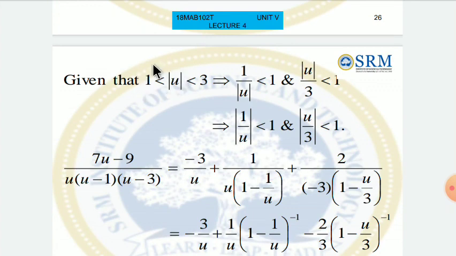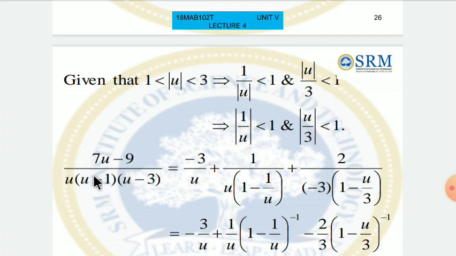We divide this into two parts. 1 less than mod u means it is outside the unit circle, and mod u less than 3 means inside the bigger circle with radius 3. So from the first part, mod 1 by u is less than 1. From the second part, mod u by 3 is less than 1. This is from the outside circle, and this is from the inside circle. So this is the region of convergence: mod 1 by u and mod u by 3.